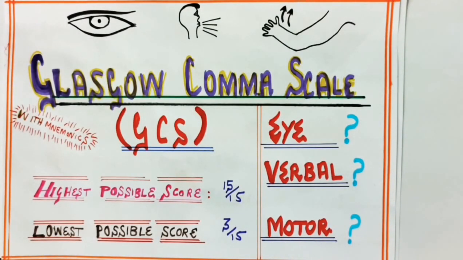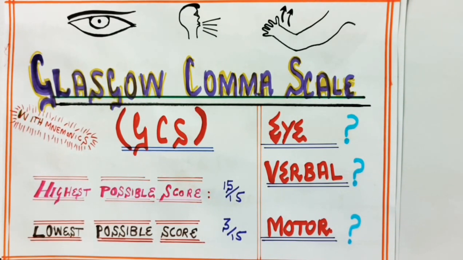Before moving on to the end of this video, a very important question is when does a need arise to intubate a patient? When to put a laryngoscope and when to put the endotracheal tube within the trachea of the patient. So how do we assess that with the Glasgow Coma Score?